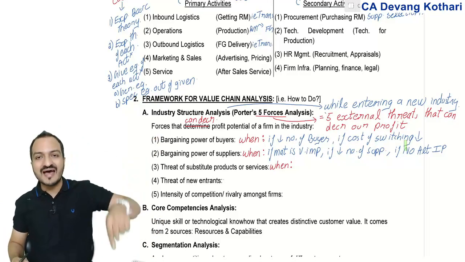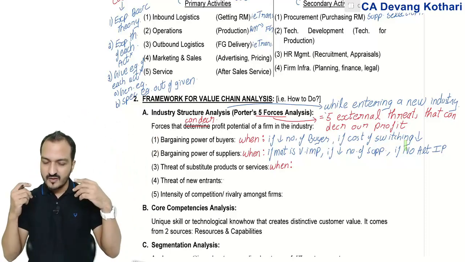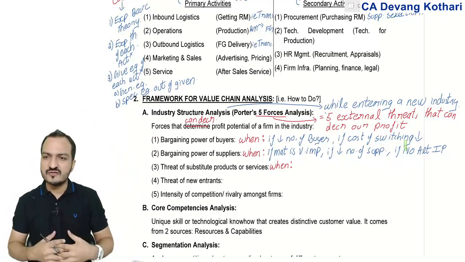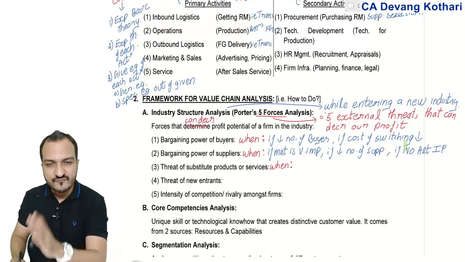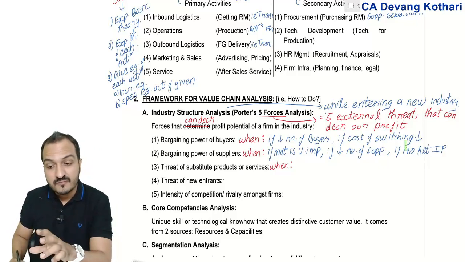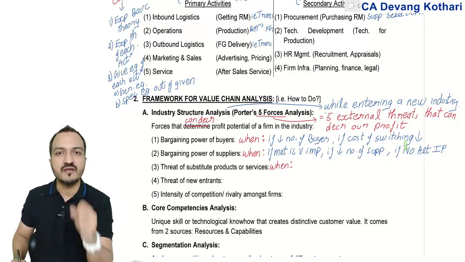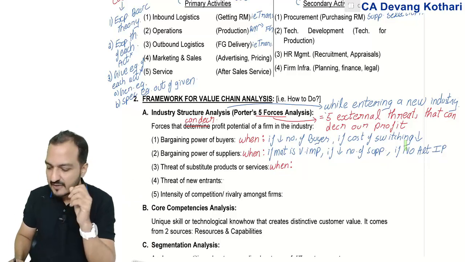Then my supplier has less bargaining power. Now let me put it the other way around. For me, if it is very expensive to change supplier, then my supplier will have more bargaining power, right? Yeah, I'll tell you an example.